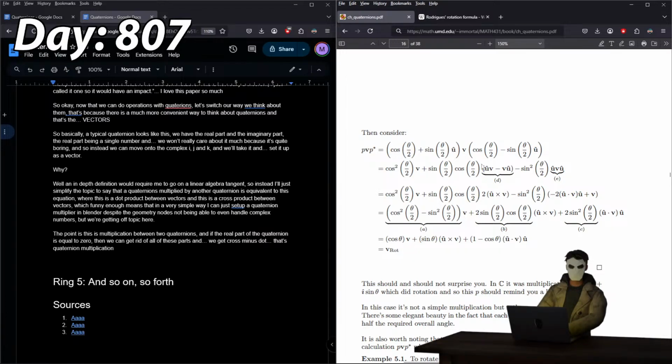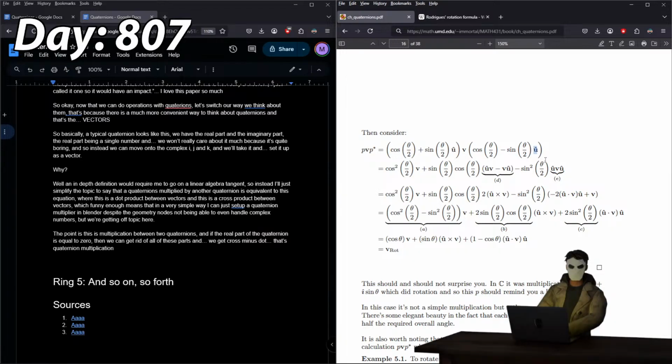Then in the next line, we multiply V by all of these. So we have cosine, V sine, sine. And then we multiply the right part by the left part, keeping in mind that the order of operation matters for these because they are quaternions.